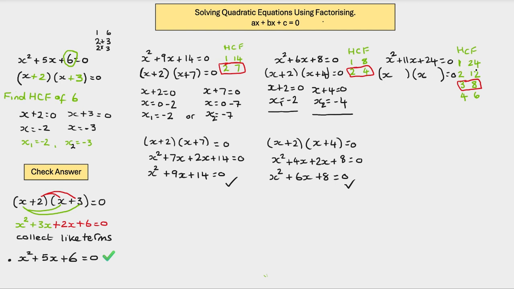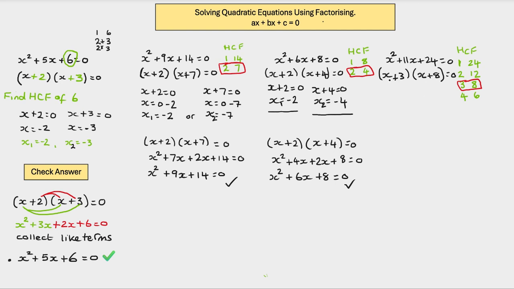So we've got 1 and 24, 1 times 24. 1 plus 24 equals 25, when we're looking for 11. 2 times 12 is 24, but doesn't add up, right? 2 plus 12 comes to 14. I'm looking for 11. Oh, 3 times 8 is 24. 8, 9, 10, 11 makes 11. So we've got a 3 and an 8, plus 3 and plus 8.